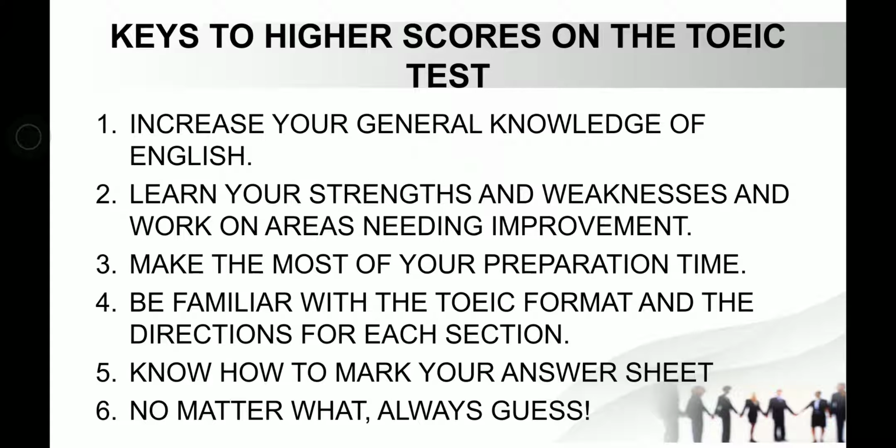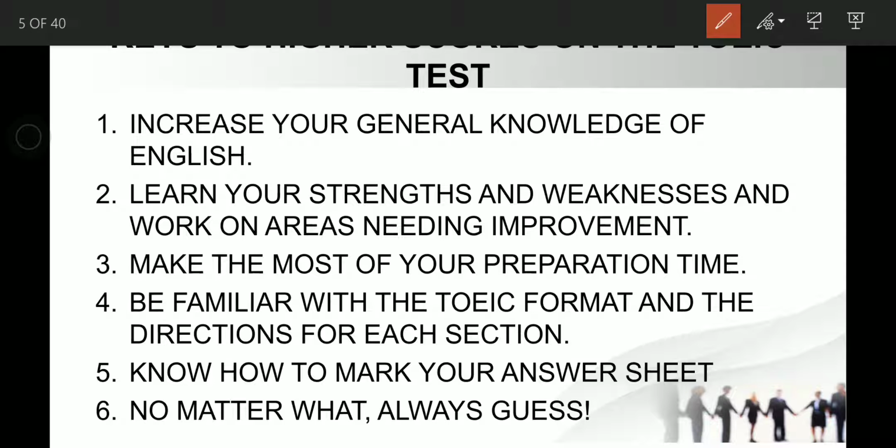So these are the general keys to get higher scores on the TOEIC test. The first one, you have to increase your general knowledge. You have to study the general knowledge of English, for example the basics of grammar, like tenses, conditional sentences, and many more.